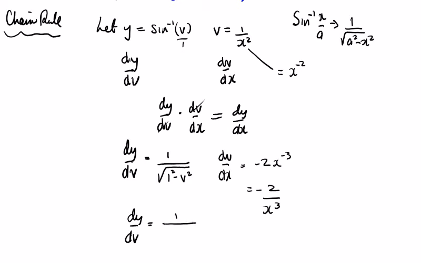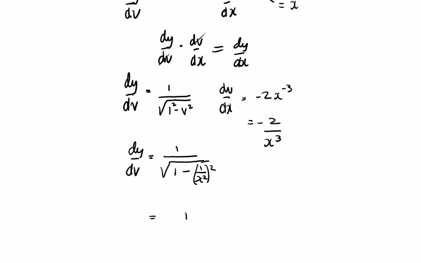So we're going to have 1 over the square root of 1 minus 1 over x squared, all squared. And that's going to give me 1 over the square root of 1 minus 1 squared over x squared, squared, which is 1 over x to the power of 4. Where is this going? So we're going to bring this one down.